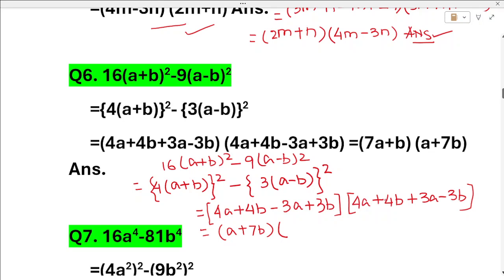Now the other bracket, if you solve this bracket, it will become 7a, 4a plus 3a becomes 7a, and 4b minus 3b becomes b. Okay, so this is your answer: a plus 7b and 7a plus b.